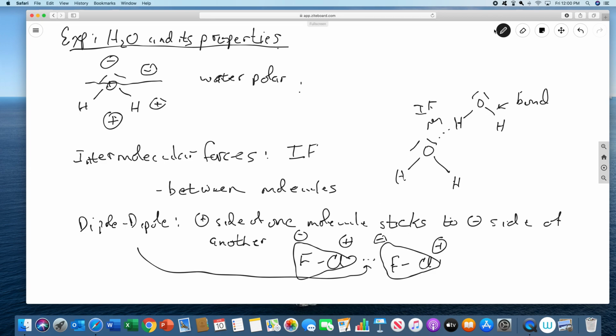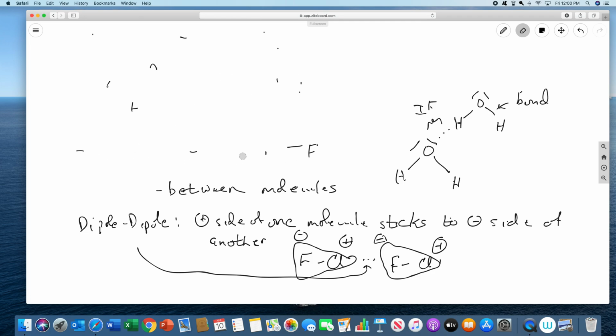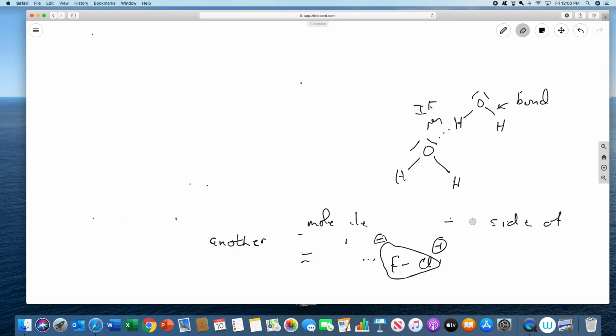Let me erase this. Leave those two water molecules over there for just a moment. All right, so that's dipole-dipole.